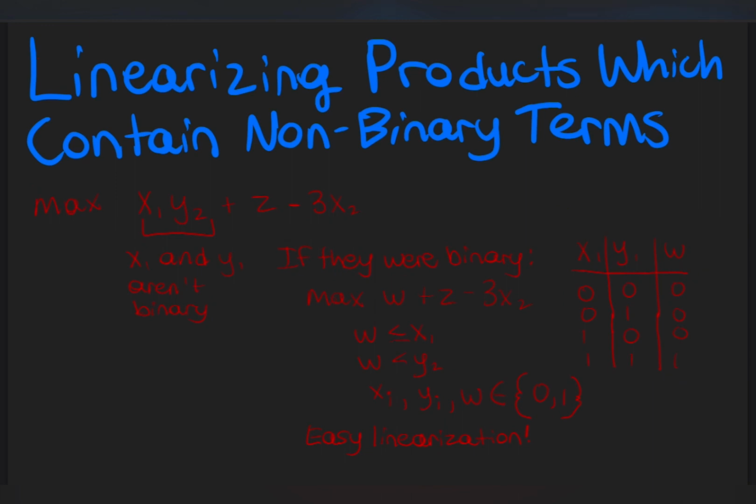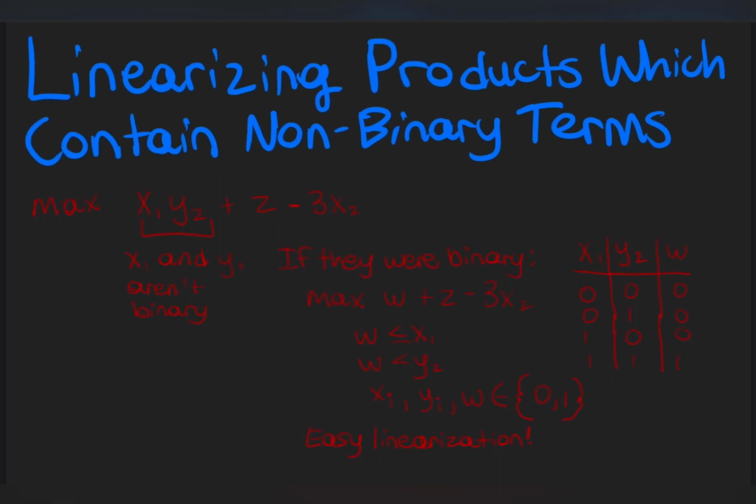If x1 and y2 were in the objective function and their values were 0, then if you multiply them together, that's still 0. And for w, that would still be 0, because over here it says that w is less than or equal to 0 and w is less than or equal to 0. So then w has to be 0.